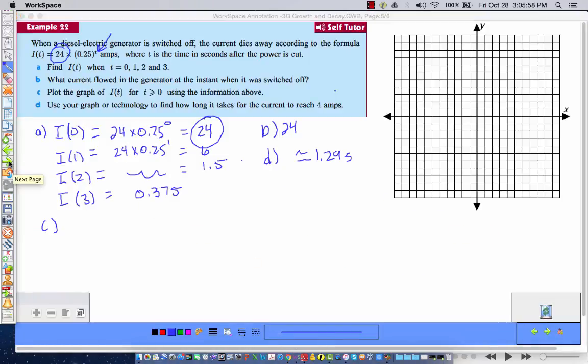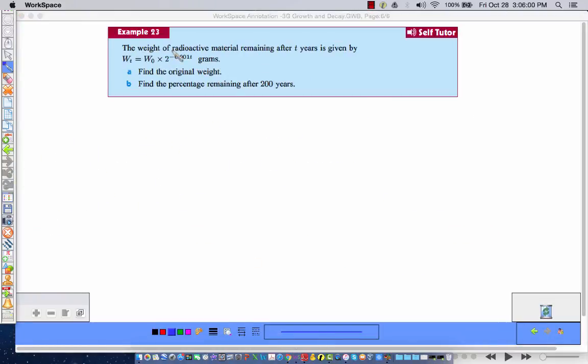All right, last example. The weight of a radioactive material remaining after T years is given by W sub T equals W sub 0 times 2 to the negative 0.001 T grams. Find the original weight. Oh, okay. So to find the original weight here, that's when T equals 0. Okay.